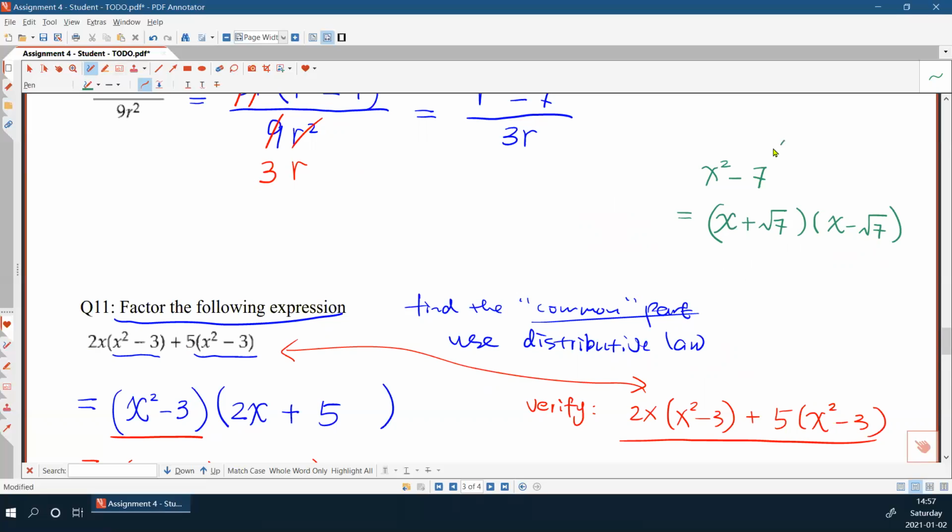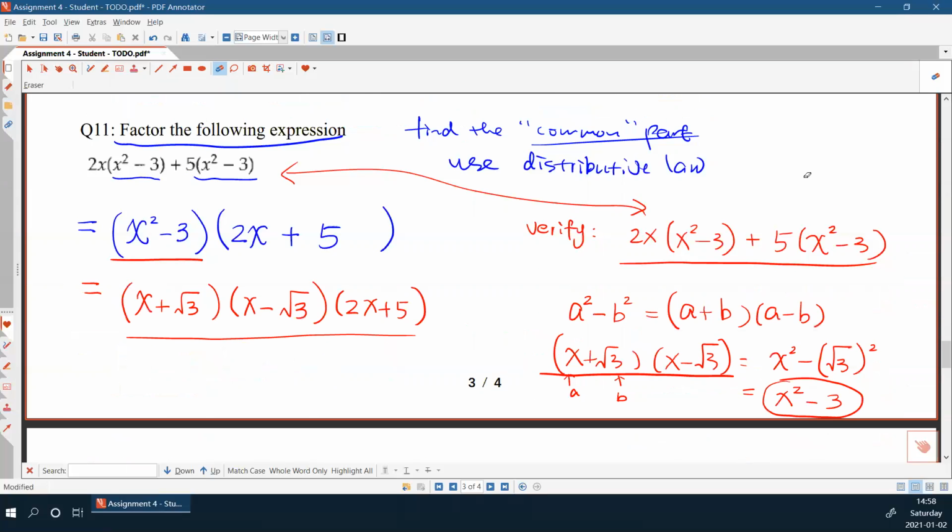Because here, 7 is actually square root of 7 squared. X squared minus square root of 7 squared can be factored into this multiplication. Okay, any questions? No? Okay, I'll give you 2 minutes to think about this.